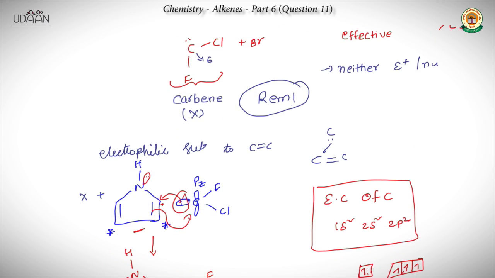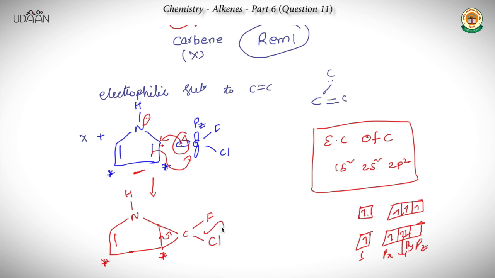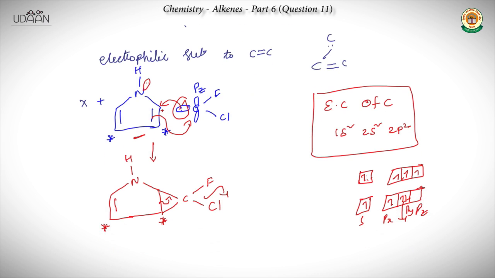So this bond leaves away, and you will get nitrogen here, and you have fluorine here. Also, these two are your marked, that is C13 C13 carbons.